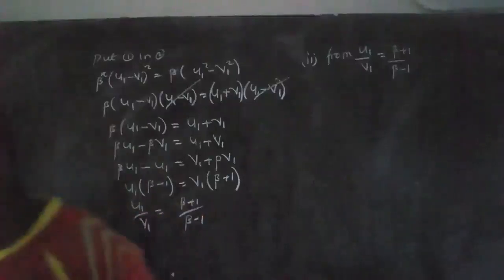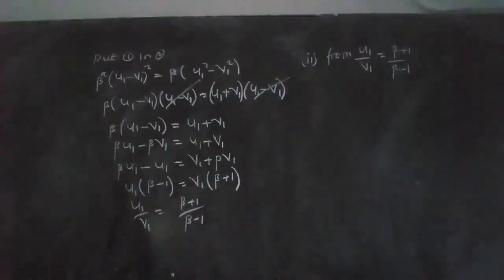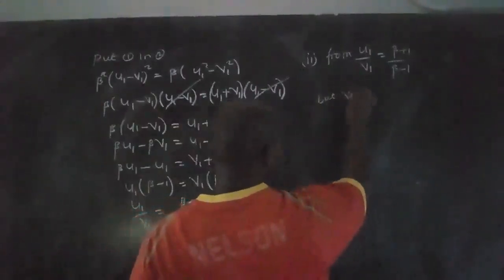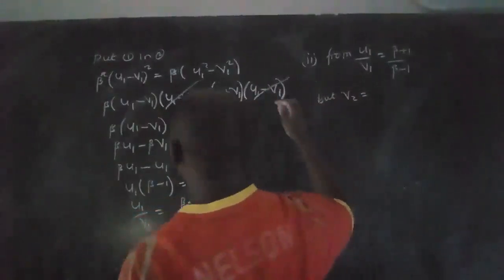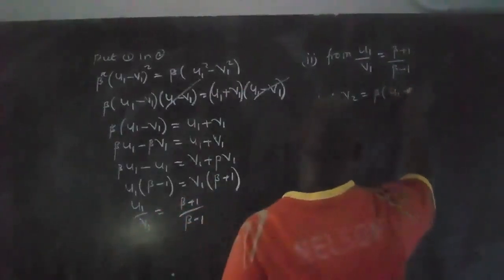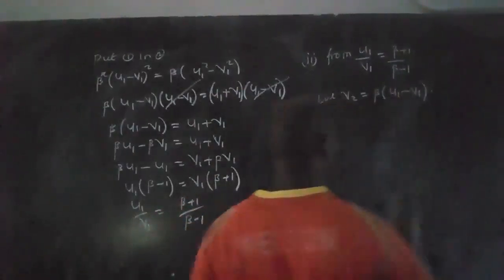So they are asking us to show that v2, okay? So we already have our v2, we got it somewhere. It was beta into u1 minus v1, something like that.